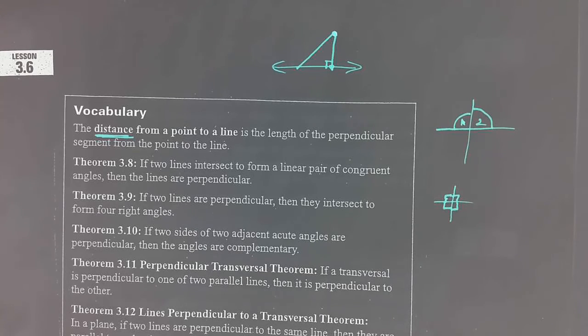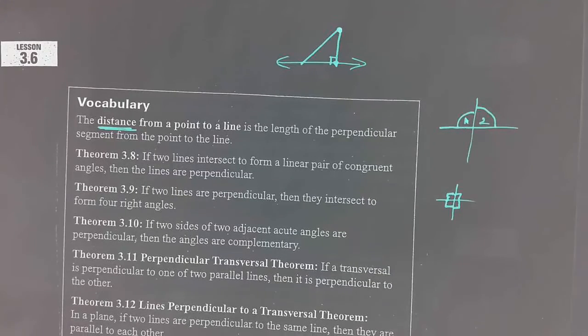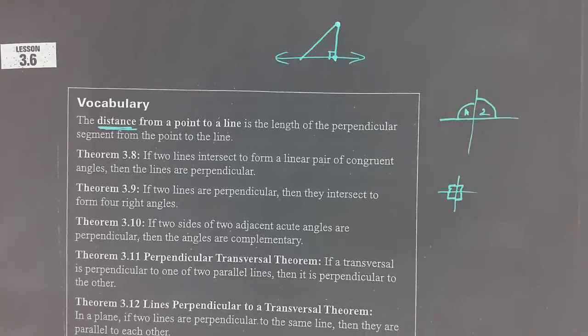And 3.10 says, if two sides of two adjacent acute angles are perpendicular, then the angles are complementary. It's like they took all the vocabulary words and just threw them all in one sentence here. If two sides of two adjacent acute angles, what does adjacent mean? Right next to each other. What does acute mean? Okay, so if we got two angles stuck right on each other, they're both acute angles, and two of the sides are perpendicular.